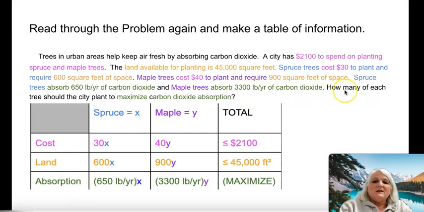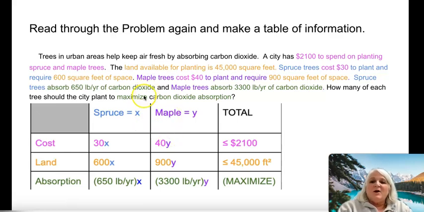And the question asks how many of each tree, so I know my variables are going to be each tree, the spruce and the maple. So I'm saying the spruce is the X, and the maple is the Y.